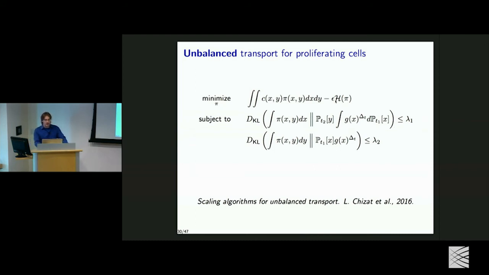This is the entropy, so it's an entropic regularization term. This makes sense both for algorithmic reasons and for statistical reasons. It allows the transport map to spread cells out over more than just one descendant, for example. It allows the descendants to have more entropy, or it promotes that.